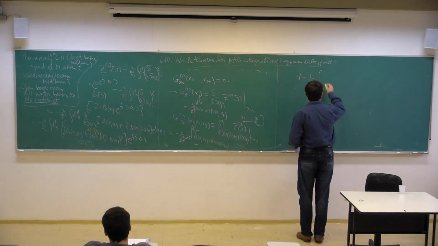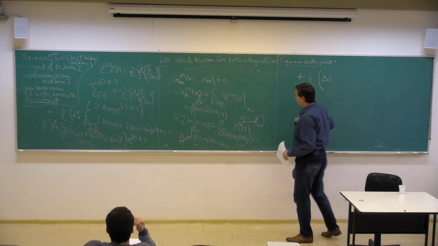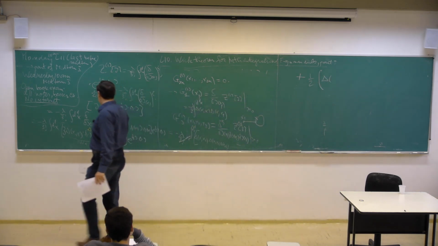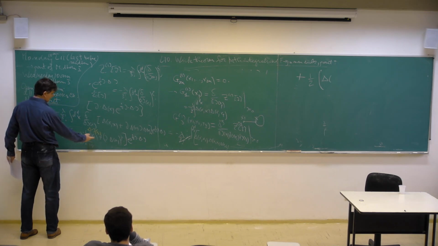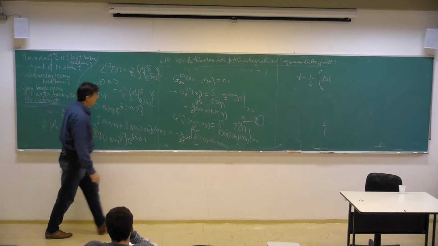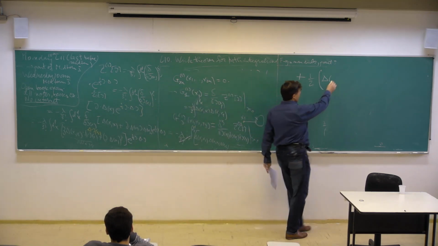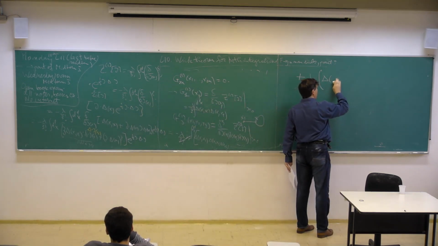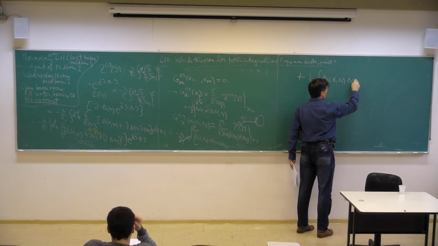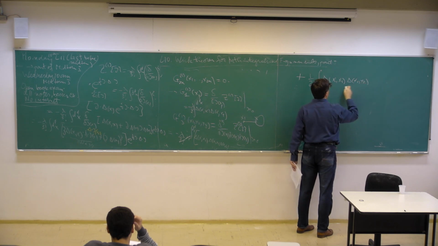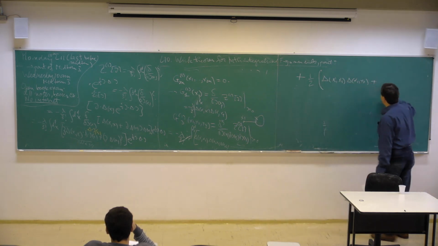So all in all, let me write this logically like this: delta of x x1, and then from the other delta x2, x3, and then the permutations, right?